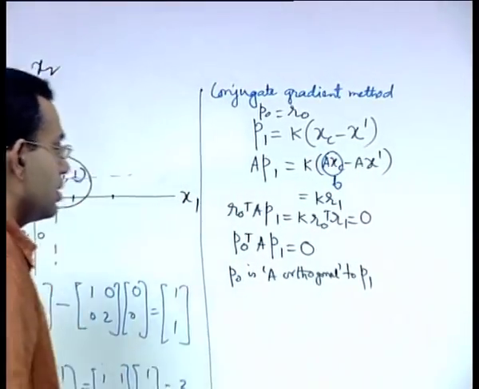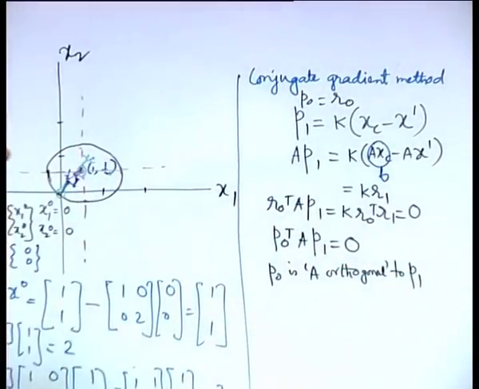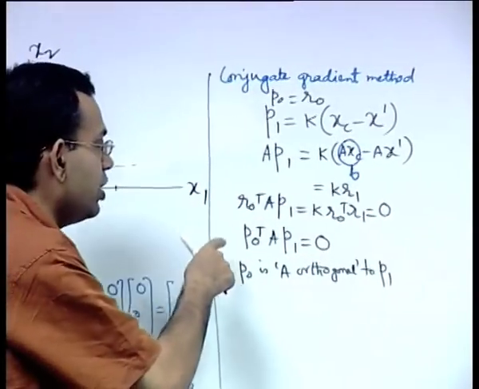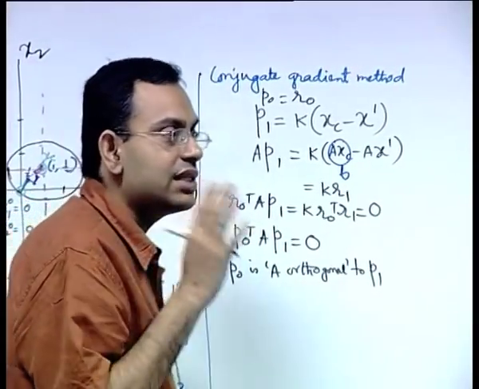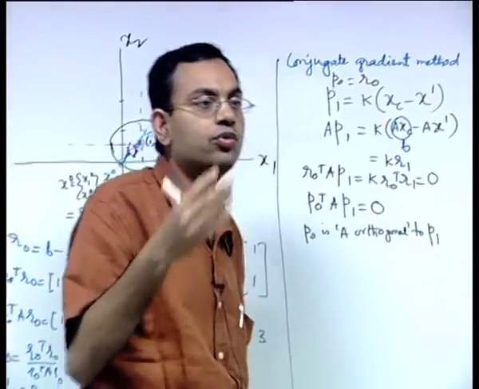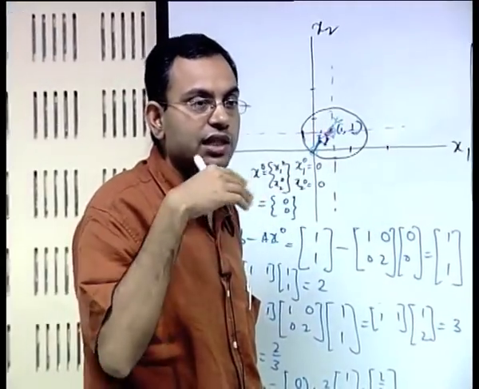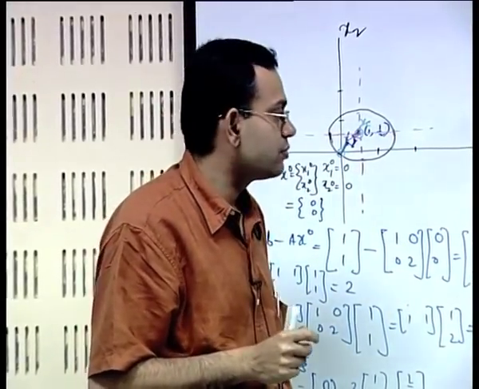Now despite having a relationship between p0 and p1, this alone does not give you any clue of what p1 is, because that is essentially your interest: what is the next direction in which you are interested to move. Once you reach x1, in what direction do you move from x1?